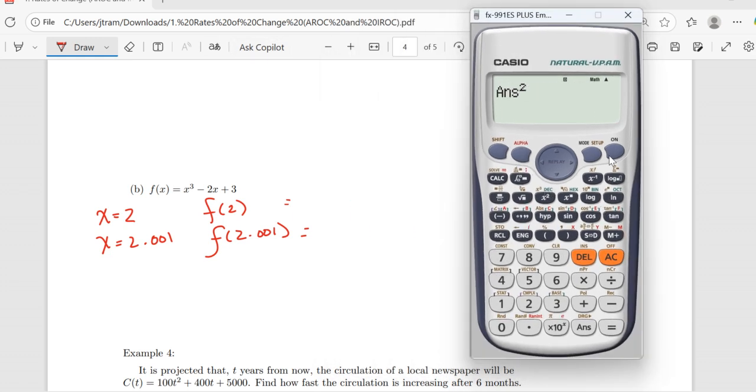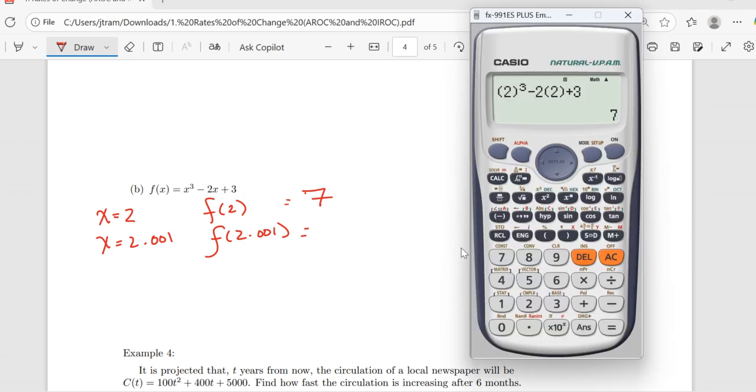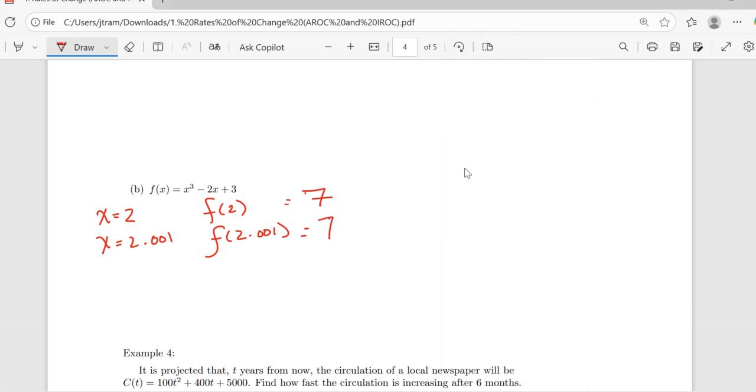So we've got bracket 2 bracket cubed, again I'm just getting it from here, minus 2 times 2 plus 3 is equal to 7. And then 2.001 gives 7.01.